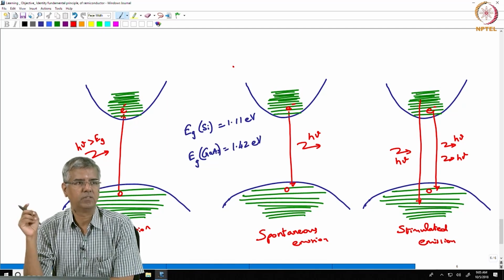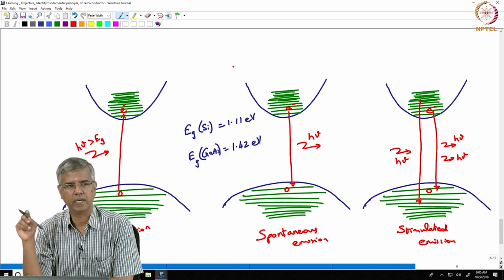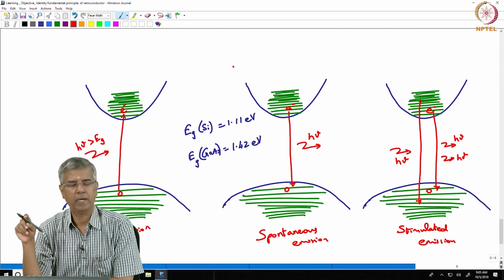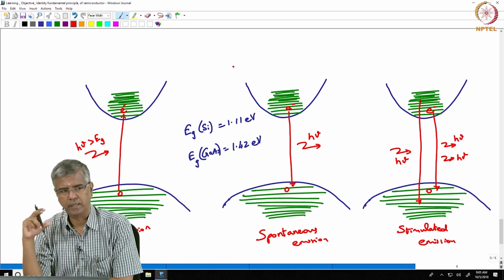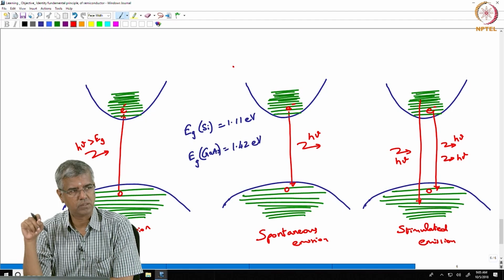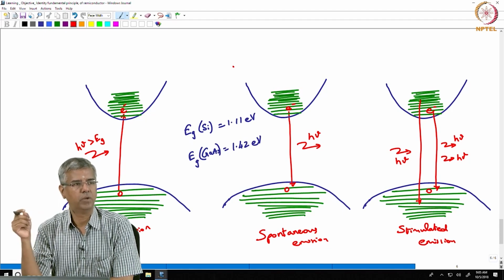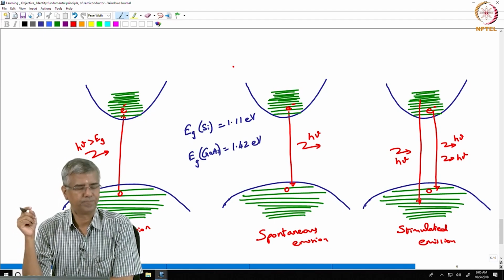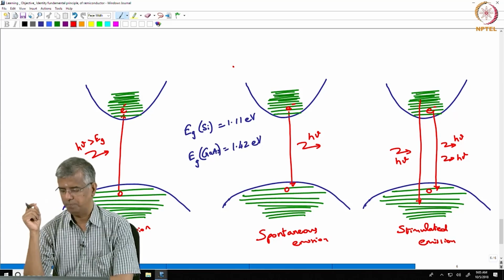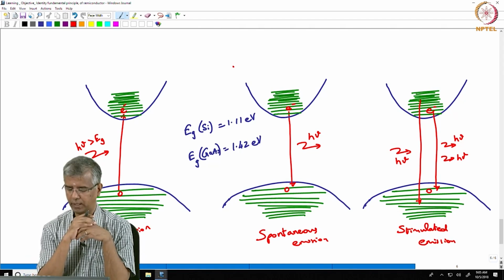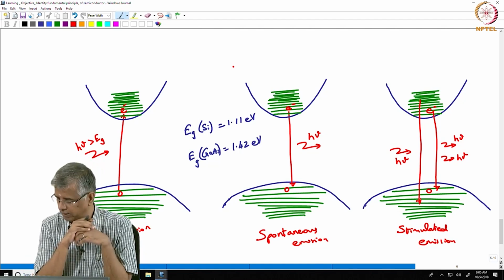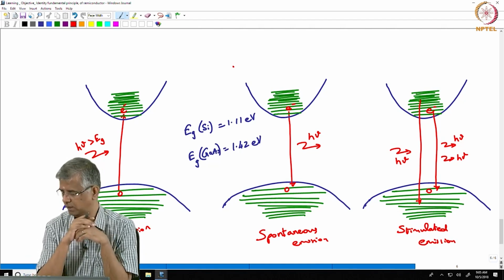You understand that? So, the presence of an electron in the conduction band and a hole in the valence band, with the energy level difference corresponding to this h nu, then only you have stimulated emission. Okay.